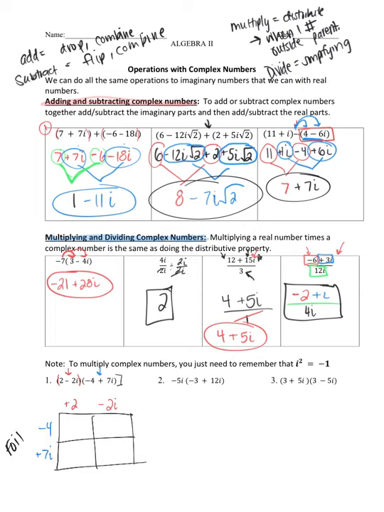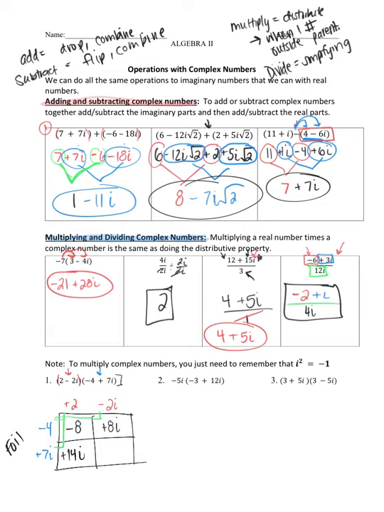So just like FOILing, I'm going to multiply -4 times 2, which gives me a -8. Then I'm going to multiply -4 times -2i, which gives me a +8i. Then I'm going to multiply 7i times 2, which gives me 14i, and that's positive.